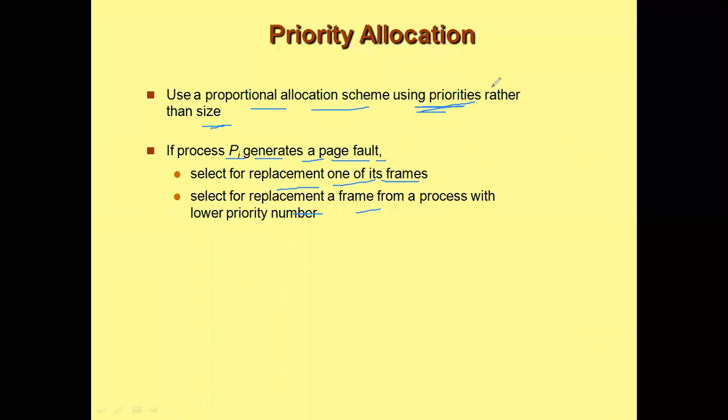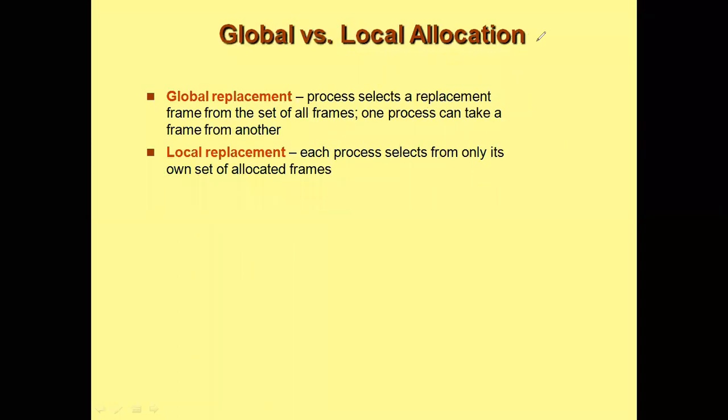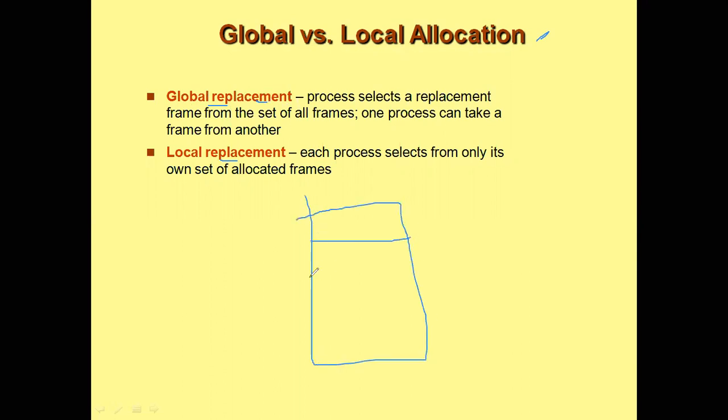Coming to the next kind of frame allocation, which is global and local allocation. It's simple, we don't have to go in depth. For global replacement, for example, this is a main memory, and you'll have it divided into many frames. Let's say P1 has been allocated 2 frames, and P2 has been allocated 3 frames.